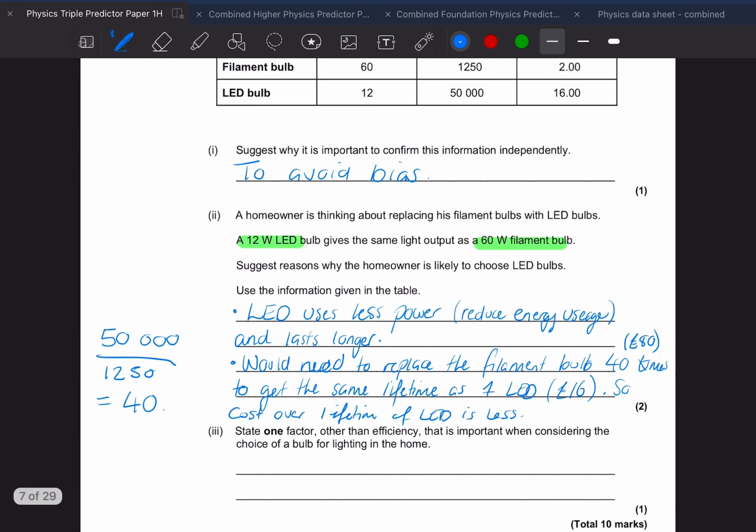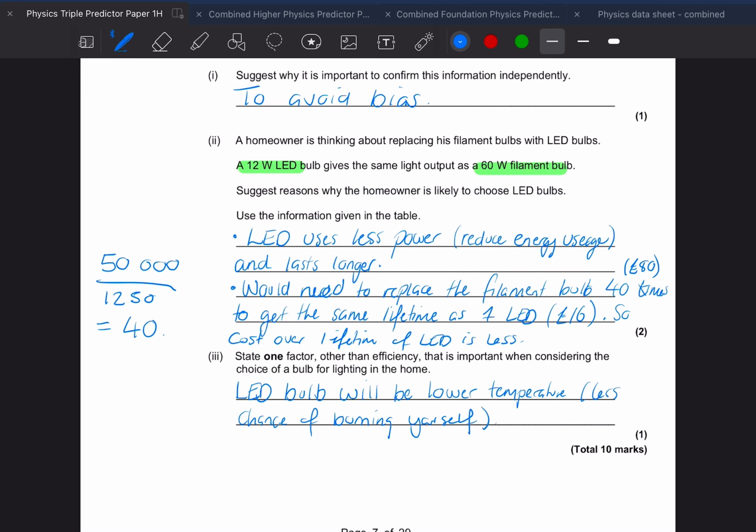So therefore, the LED bulb will be lower temperature, less chance of burning yourself if you touch it. Well, that's a general reason.